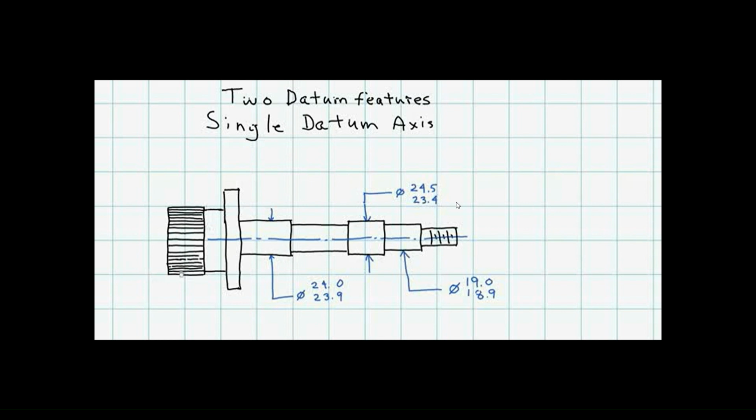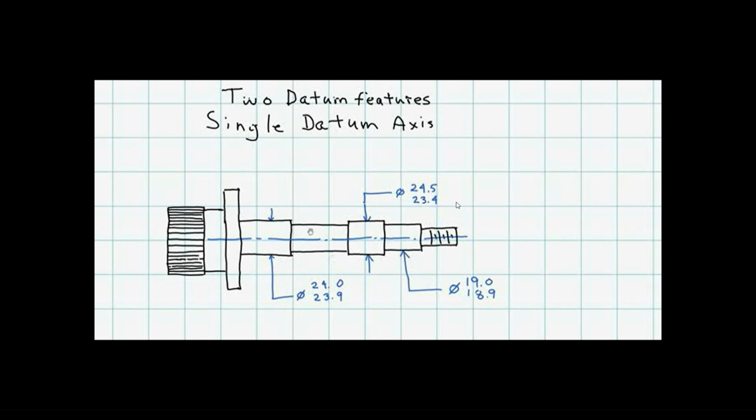So this shaft feature is driven by a spline on the left side, and these are relatively close tolerance features. Now we are working in millimeters, and what we need to do from an application point of view is to define the datum features based on the functional requirements of this component.